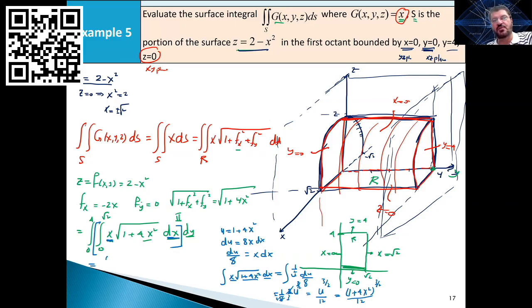So this is equal to the integration from 0 to 4 of 1 plus 4x squared to the power 3/2 divided by 12 dy, evaluated from 0 to square root of 2. All right, now what do we do, guys? We replace square root 2 for x. What do we get? The square root of 2 squared is 2, times 4 is 8, plus 1 is 9.